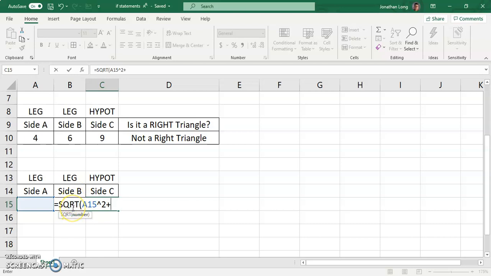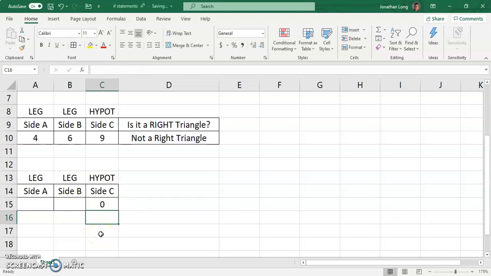So I'll just type in B, what's that, B15, to the second power, and close my parentheses. So that's basically what I was doing: I squared the two side lengths and then added them up and then took that final answer and square rooted it. So hit enter and I should be able to do that.